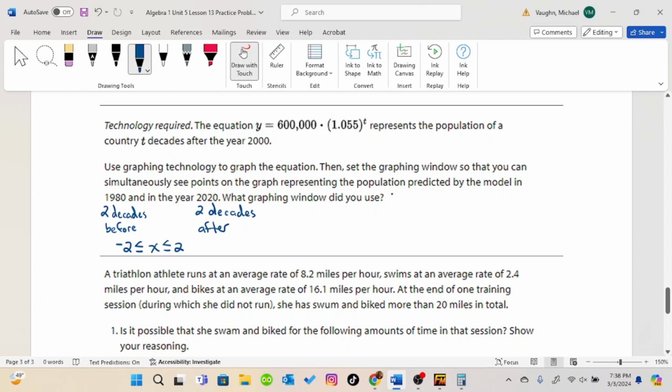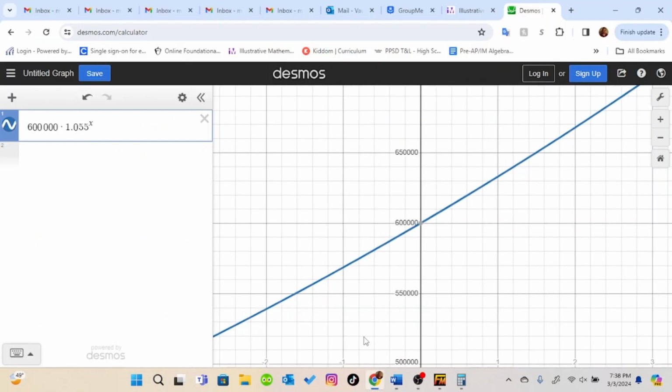Next, we need to decide on a graphing window for the y-axis. If we look, we know that our lowest is going to be down here when x is -2. And we can see that the value is approximately 539,000.